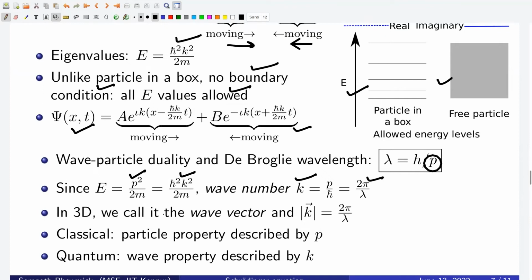In 3D, we call it the wave vector, and the magnitude of the wave vector is given by 2 pi divided by lambda, where lambda is the wavelength. Thus, the classical property of the particle is described by its momentum. Similarly, in quantum mechanics, the wave property is described by its wave vector k.